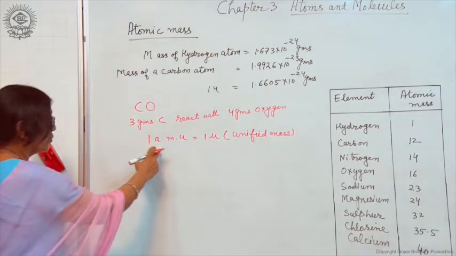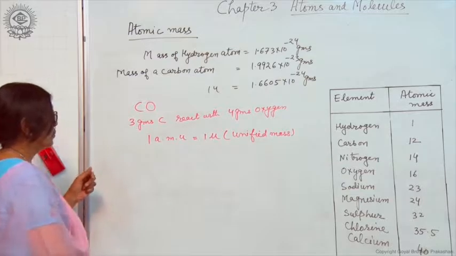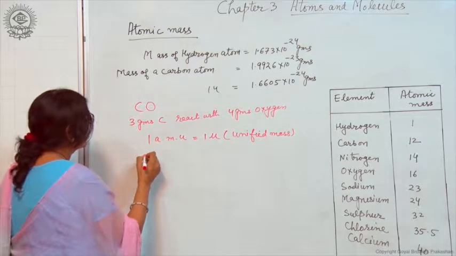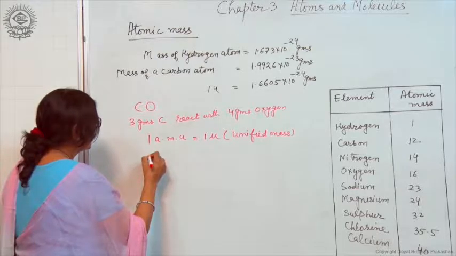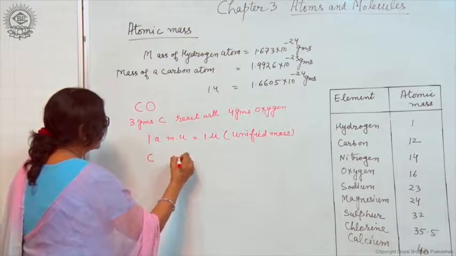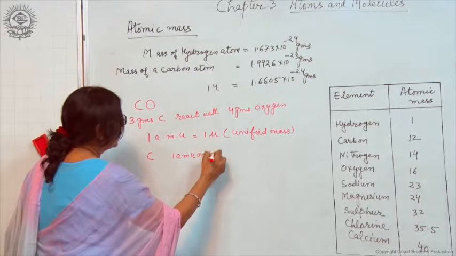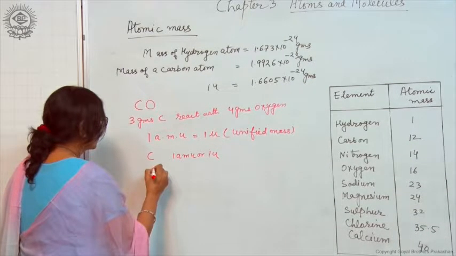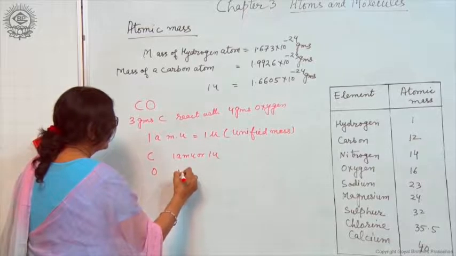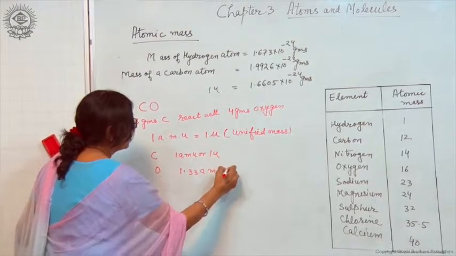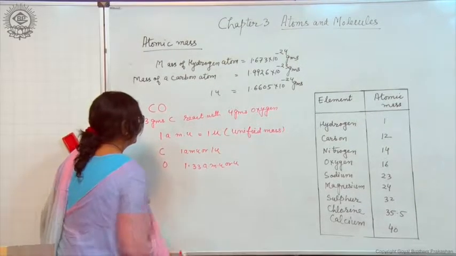So, instead of AMU, now we use the term u. So, on the basis of this we can say the mass of carbon is 1 AMU or 1 u and that of oxygen is 1.33 AMU or u, right.